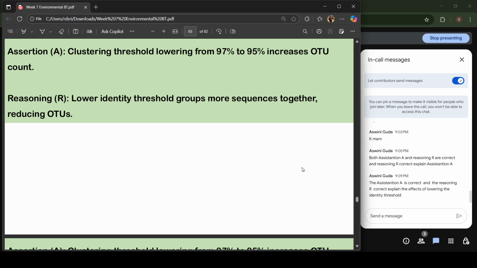So actually, the assertion is right: clustering threshold lowering from 97% to 95% increases the OTU count. That is true. And in the reasoning part, the lower identity threshold groups more sequences together. That is also true. The only false part here is that it does not reduce the OTU, but in return.